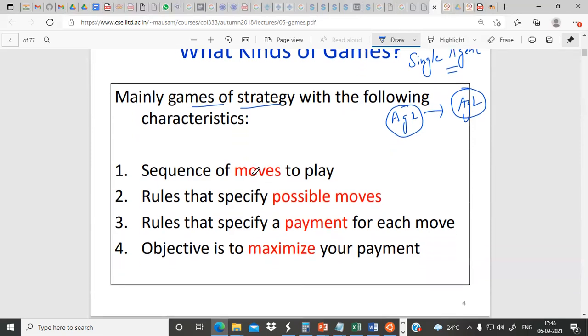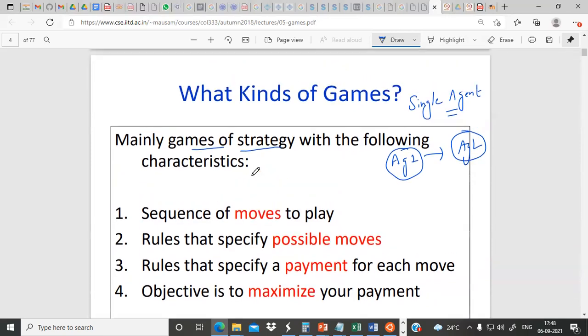The games of strategy will have the following characteristics. There will be sequences of moves to play. That is, first agent one plays, then agent two plays, and once agent two plays, agent one plays again, so they alternate their moves.